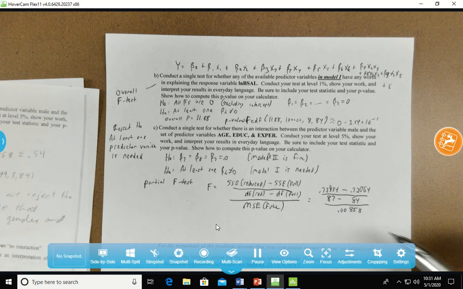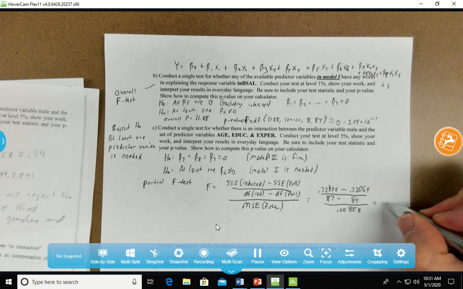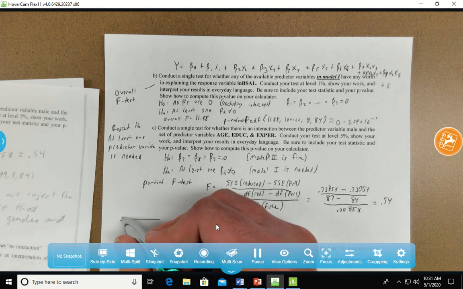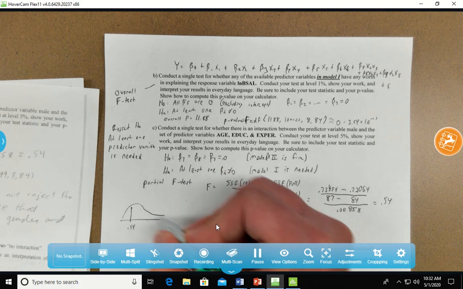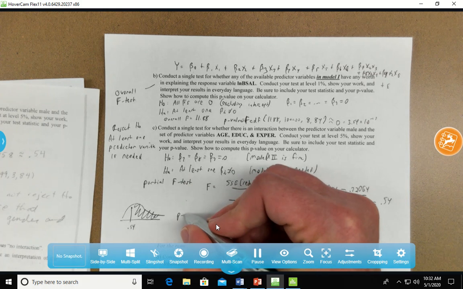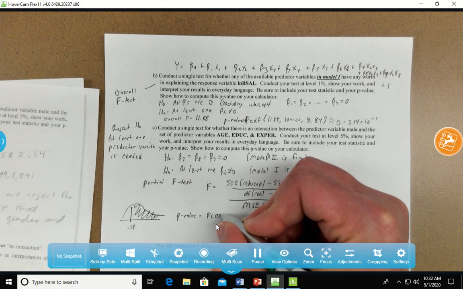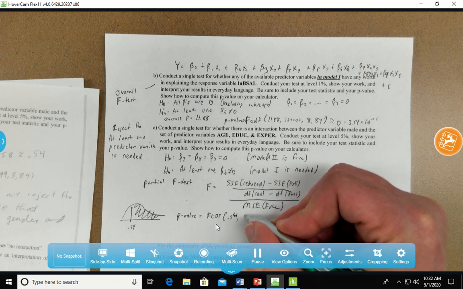All right, so if we reduce all of that, I believe we get 0.54. Now let's take a look at our F statistic, our little slide. 0.54 is here. We need to find all this area here. So the p-value is equal to FCDF going from 0.54 to a really large number.